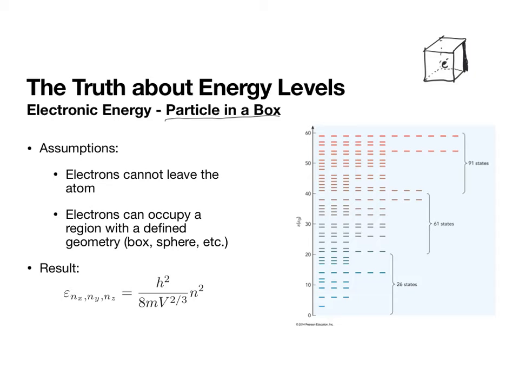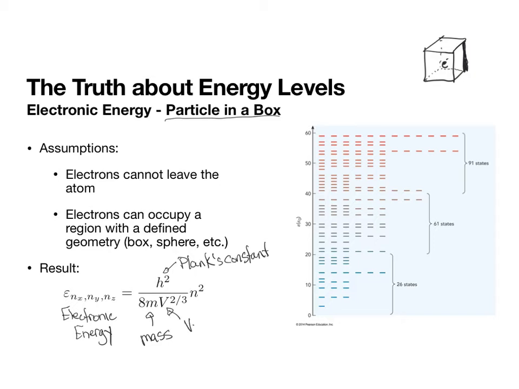And if we solve this out, we get that the energy, this is the electronic energy, has an equation that we can calculate. Okay, so there are some variables here. h is Planck's constant. m is our mass.